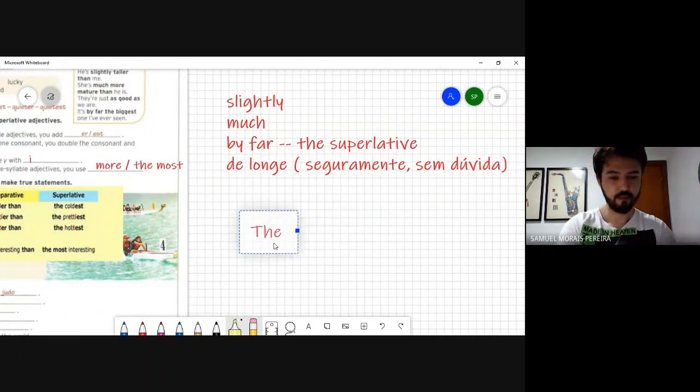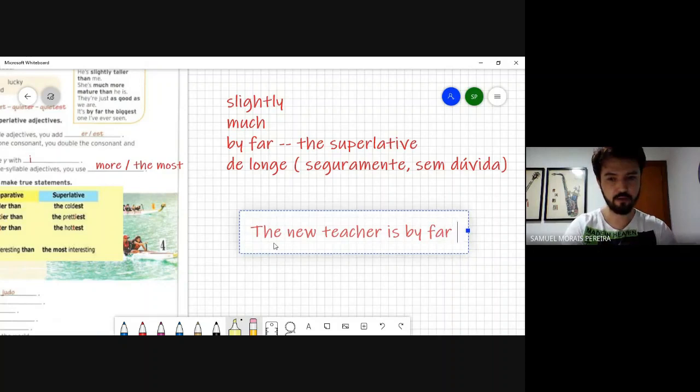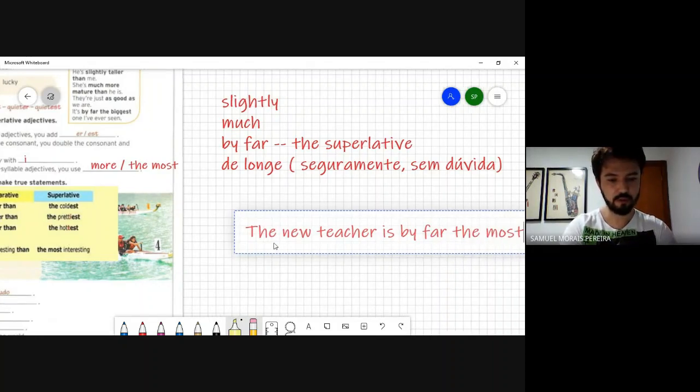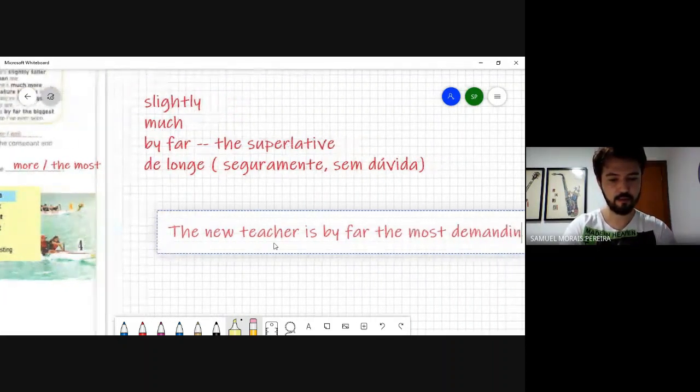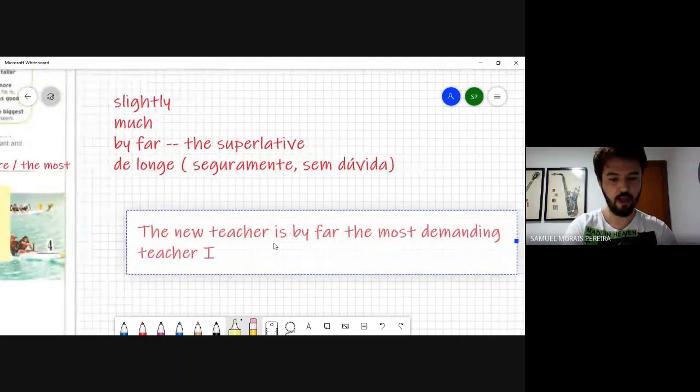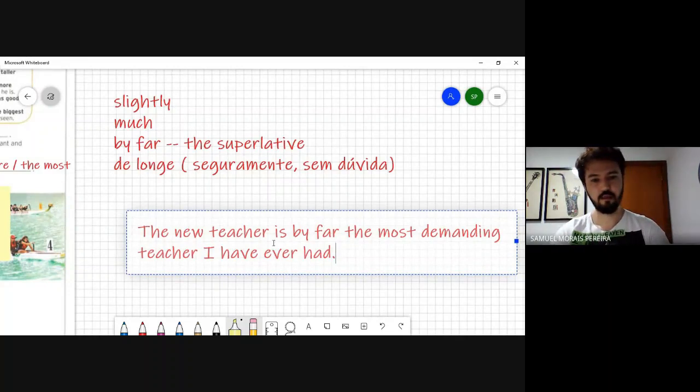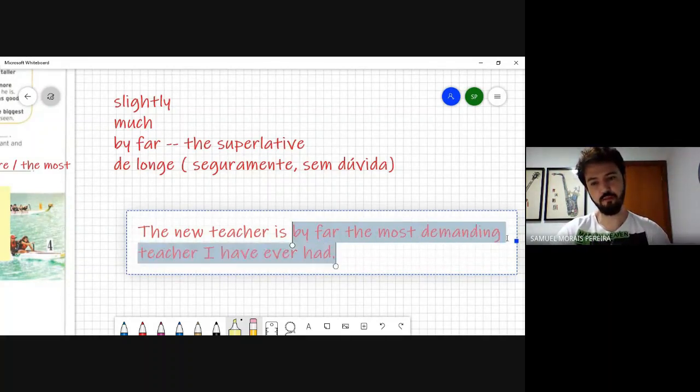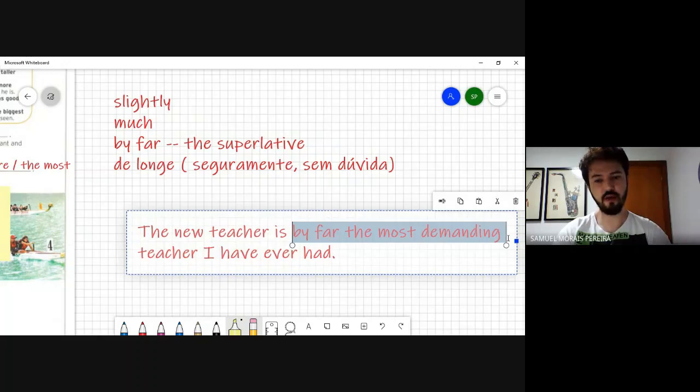Olha, the new teacher is by far the most demanding teacher I have ever had. Ao pé da letra.